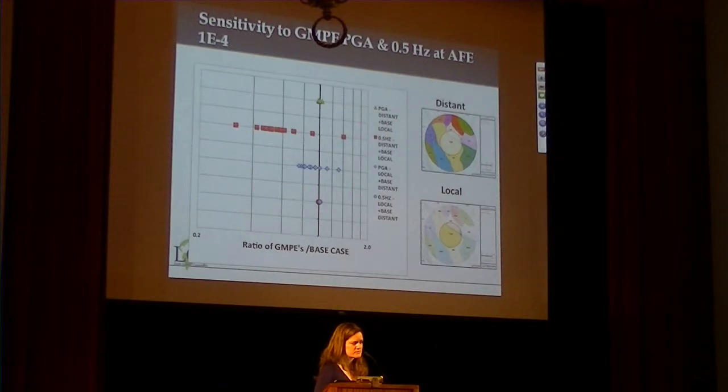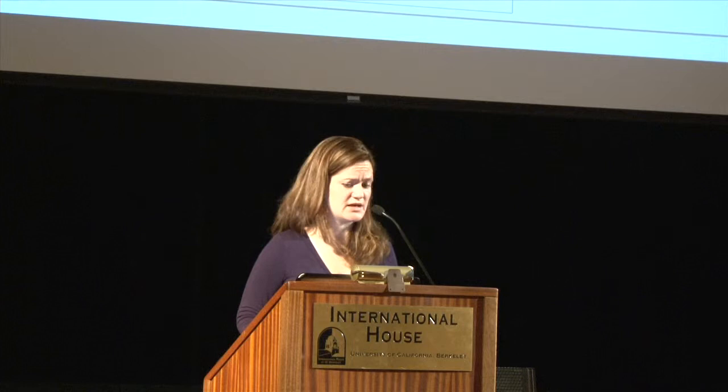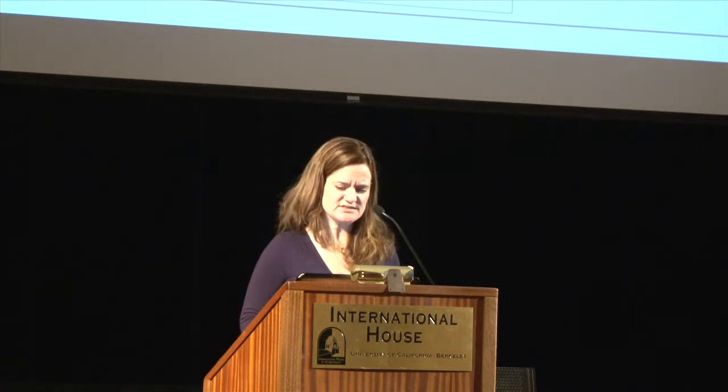I'm still trying to figure out exactly what the captions or legends mean, like PGA local plus base distance. I'll go over this again. For example, for PGA, it's the results of PGA. I ran these distant effects for each GMPE. I had around, I think, 12 GMPEs I ran using these sources, including the faults.